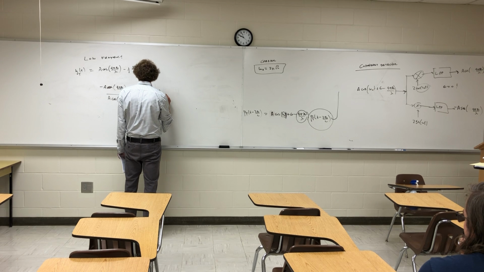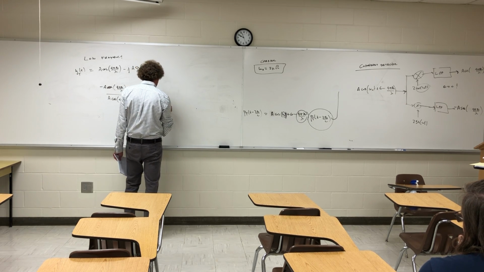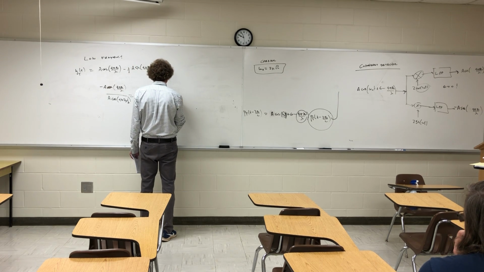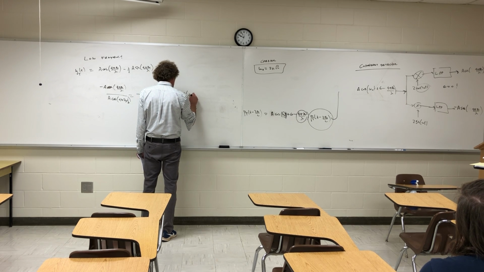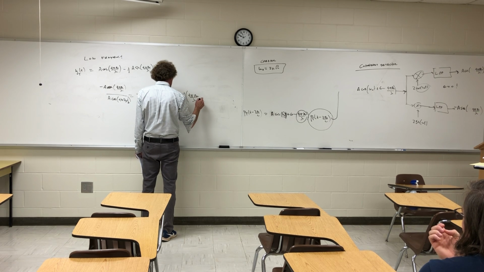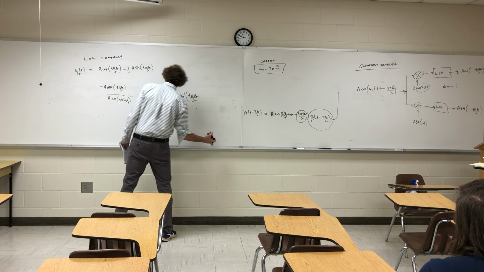And that means I can do one thing. I can say that the inverse tan of that, I can go ahead and set the actual angle here, or I can say tan minus 1 of 4 pi r naught over lambda.